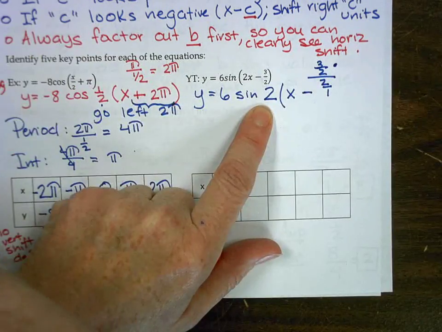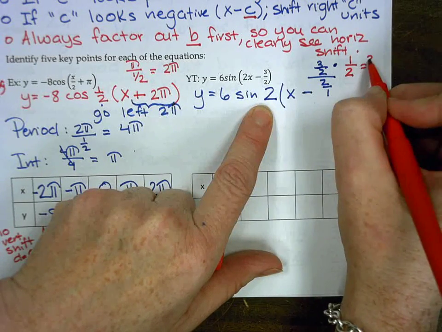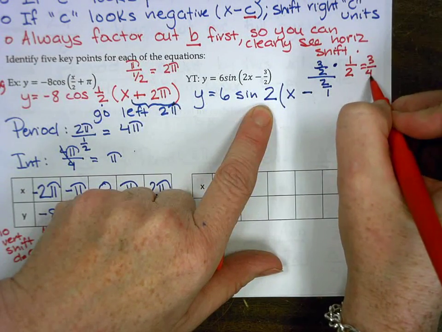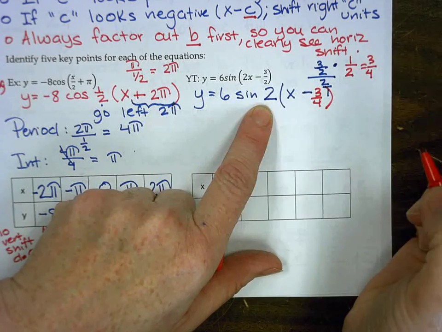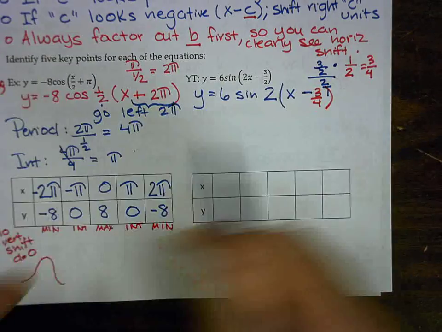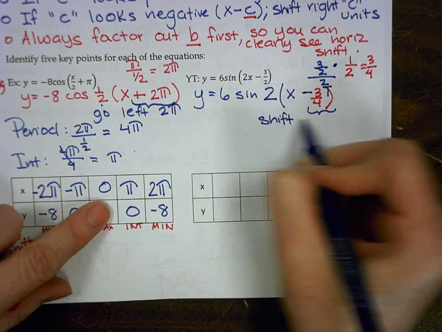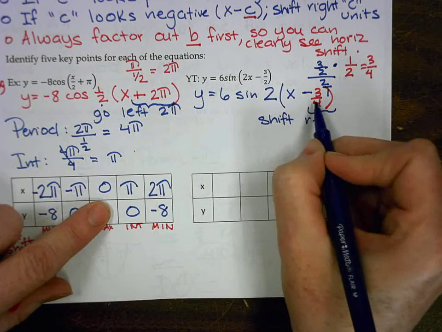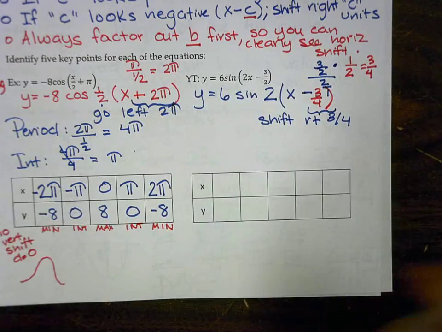So I multiply by the flip of the denominator, which gives me 3/4. x minus 3/4. So that is my shift. I am going to shift right, because it appears negative, 3/4 of 1.